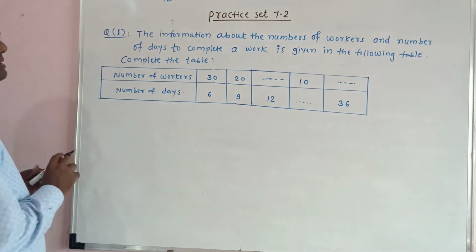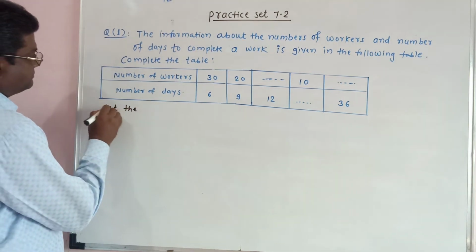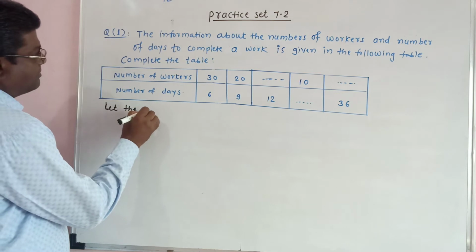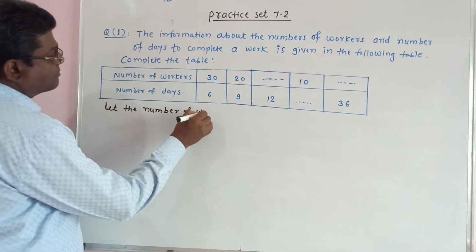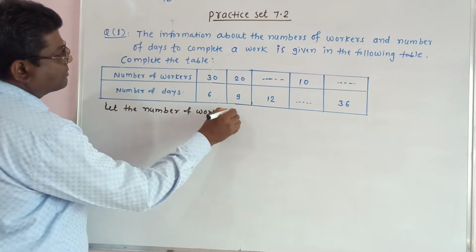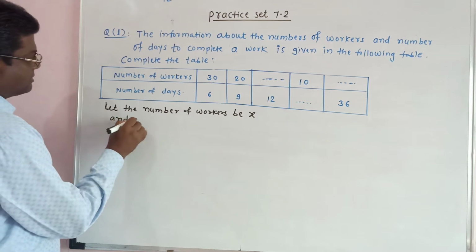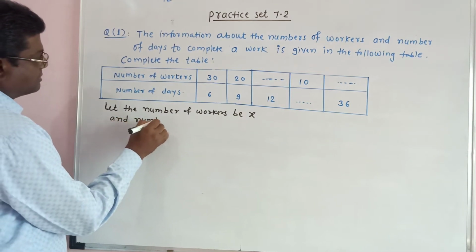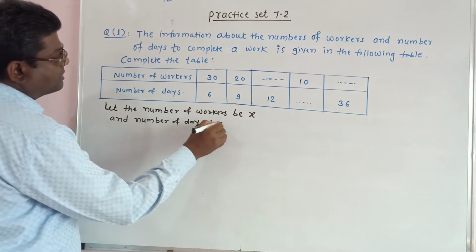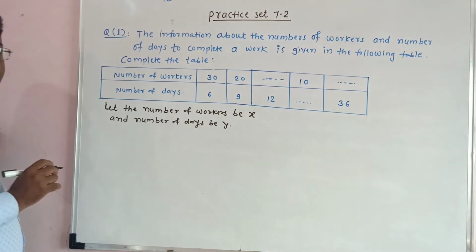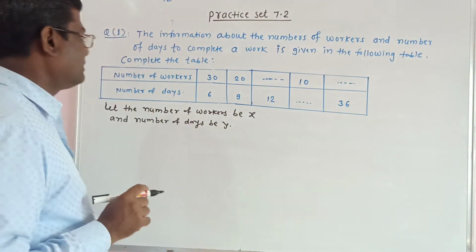Now let's solve this example. Let the number of workers be x and number of days be y. Now let's find the variation between x and y.